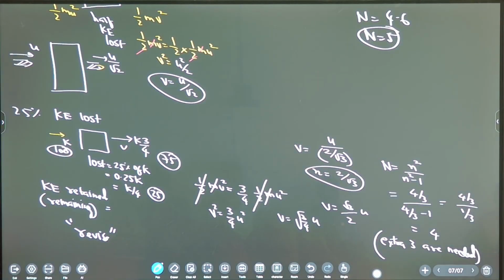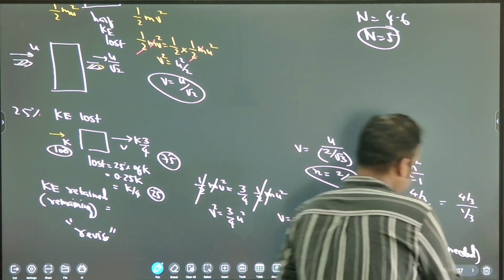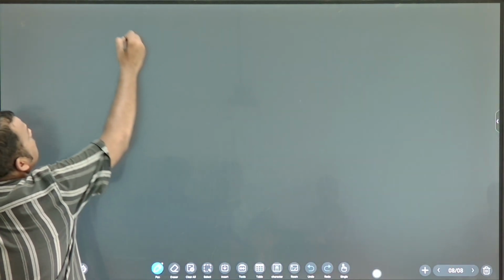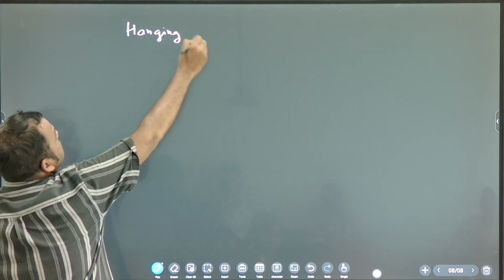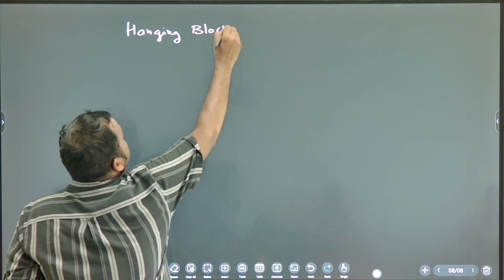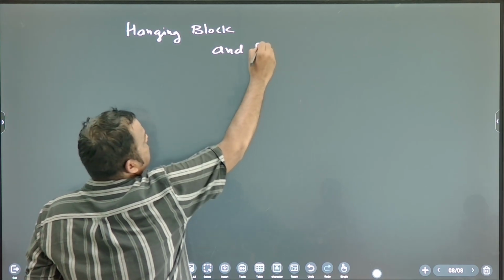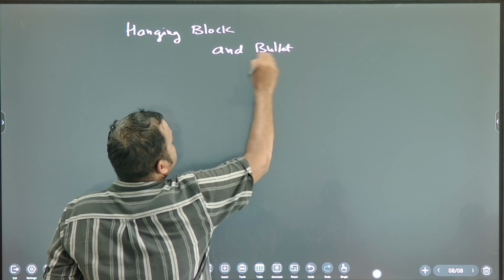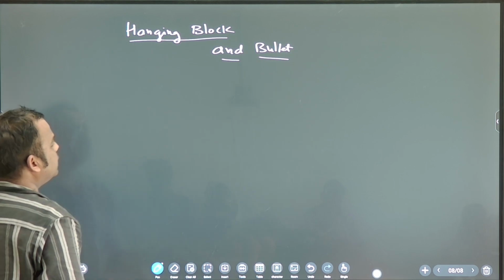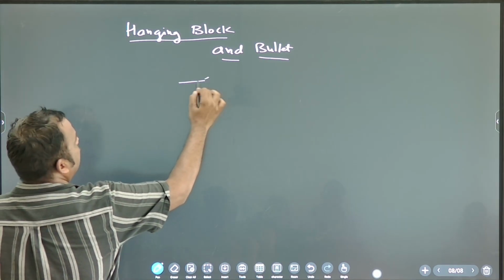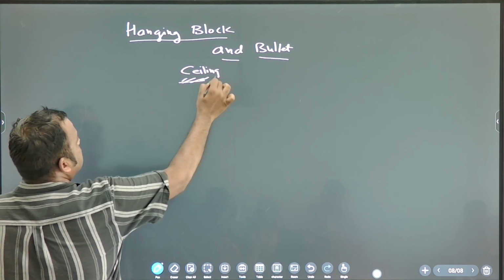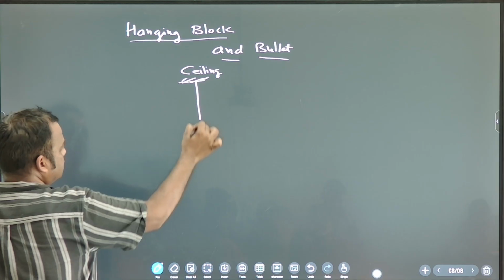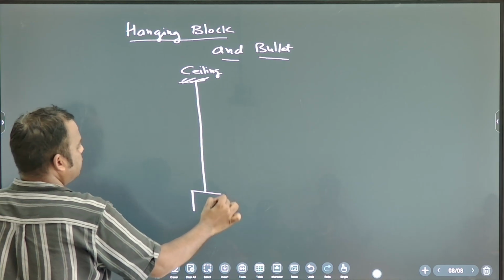Next you write down hanging block and bullet. Suppose this is the hanging block, this is the ceiling, and here one block is there.